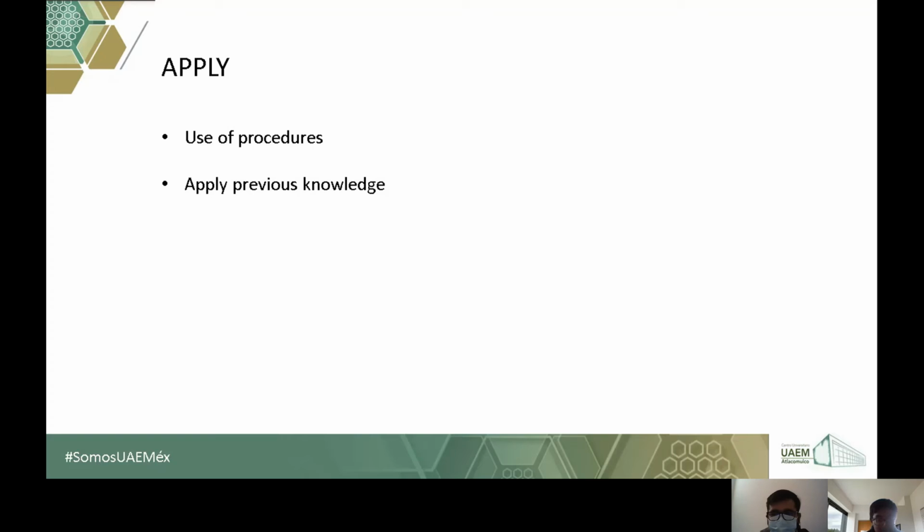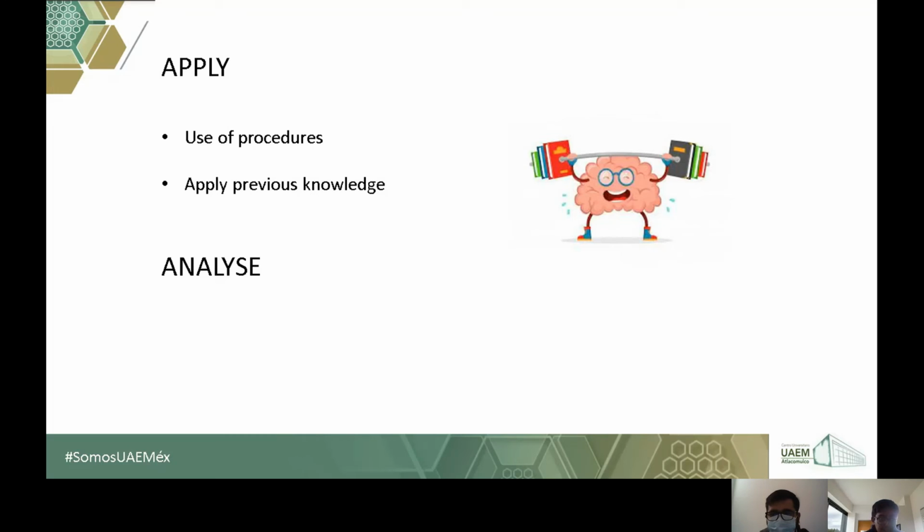For example, if they know the steps to perform multiplication, they apply it to perform multiplication exercises. Analysis. Once we know the application and apply the previously understood information, it is time for further analysis of the concept.